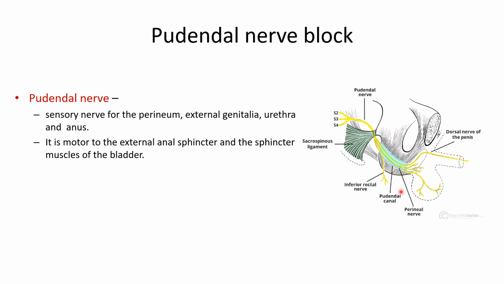It is motor to the external anal sphincter and the sphincter muscles of the bladder. So the external anal sphincter and the sphincter muscles of the bladder are innervated by the pudendal nerve, and it receives sensations from the perineum, external genitalia, urethra and anus.